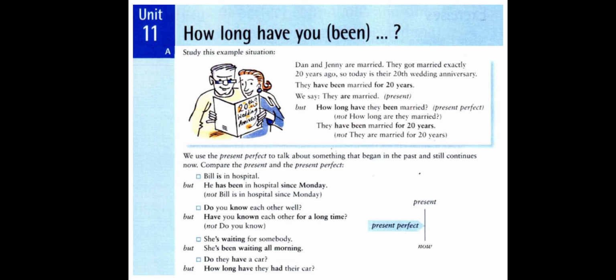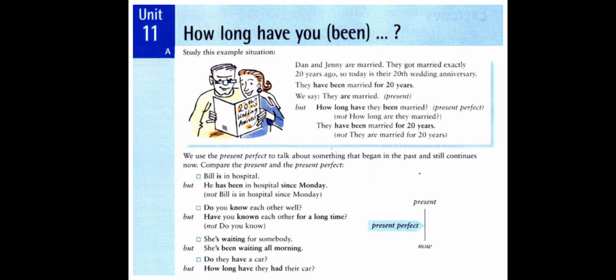So when we ask about now, at this moment, we use the present simple with the verb have, which means possess. So we say, do they have a car now? The verb is in the present simple because we speak about this moment now.